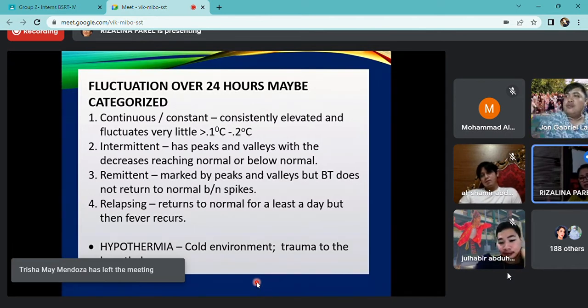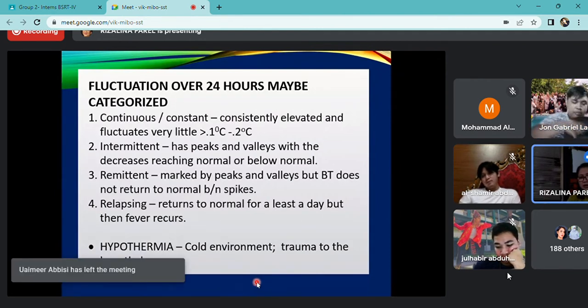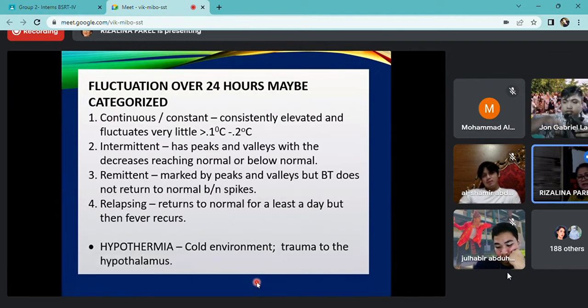Okay, kasi lalo na kung ang kanyang body temperature ay more than 0.1 degrees centigrade to 0.2 degrees centigrade lang ang elevation. So minsan kasi walang lagnat na nagpe-present doon, lalo na sa asthma, walang lagnat. Intermittent, okay, hindi na yan importante sa RT. Yung remittent marked by peaks and valleys but body temperature does not return. Ano natin to, basis natin to, lalo na kung ang pasyente mo ay nahihirapang huminga, difficulty of breathing because of high temperature, very high temperature.